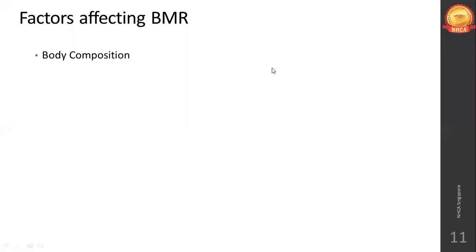First is your body composition. For example, people who are lean or people who are obese. Who will have a better basal metabolic rate? People who have a lean body composition.